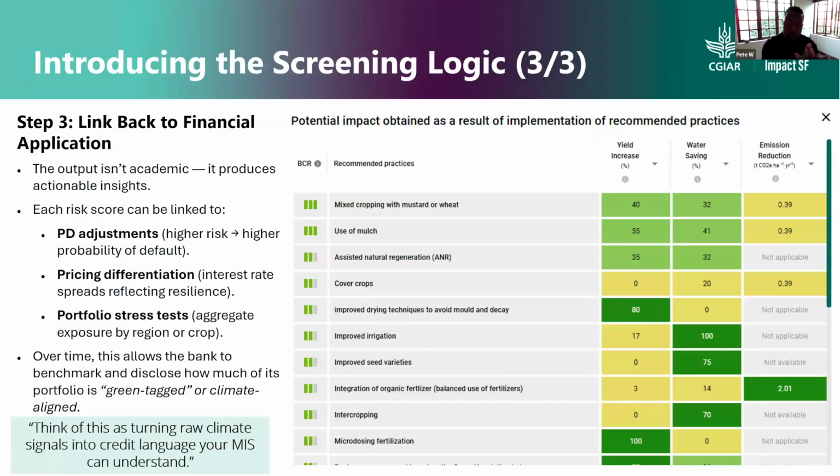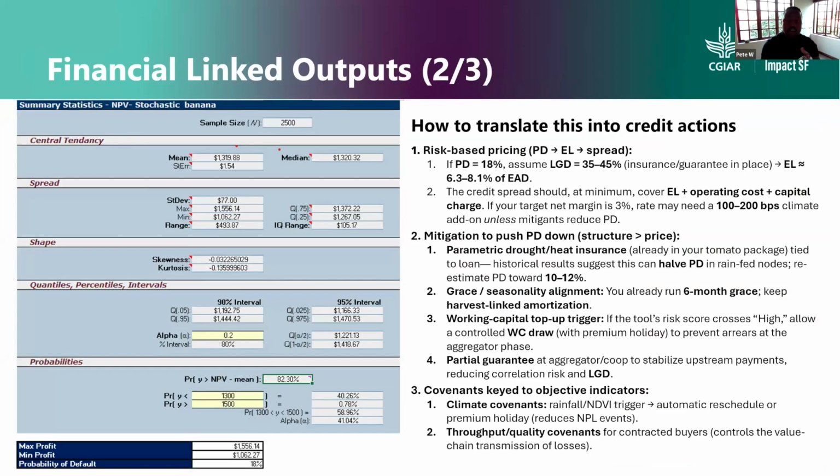Before we even come to parametric insurance, that should affect this whole formula, because then your expected loss would move down from 6.3 to 8.1 down to, let me just give a random guess, about 2 to about 5%. Similarly, the 100 to 200 basis points that we are adding on would also be removed to some degree, depending on the weightage of your solution.